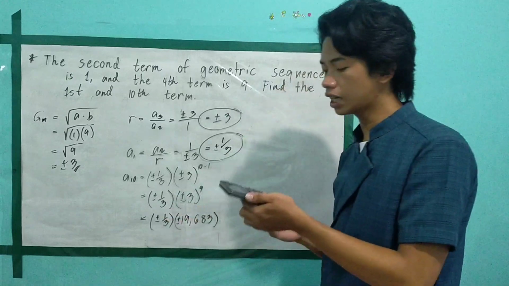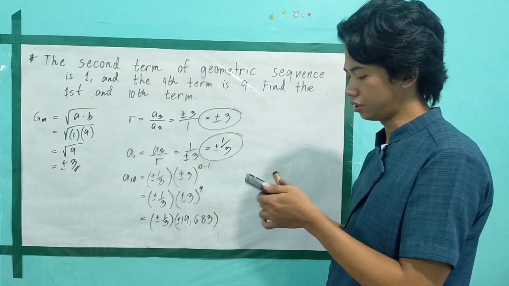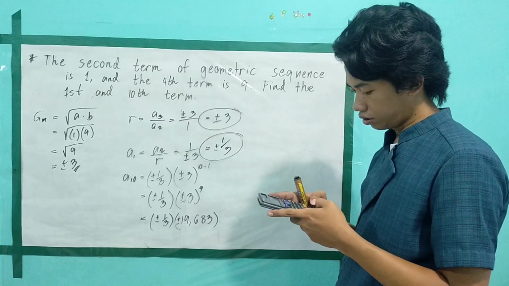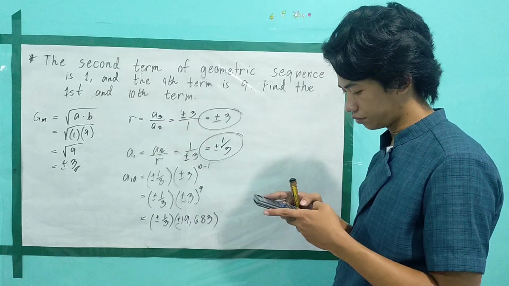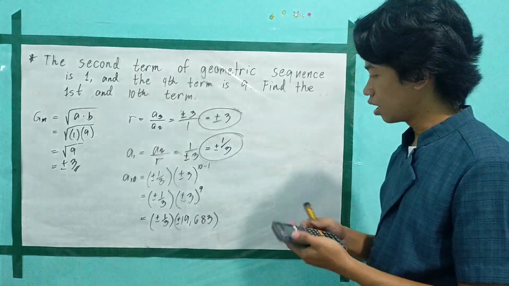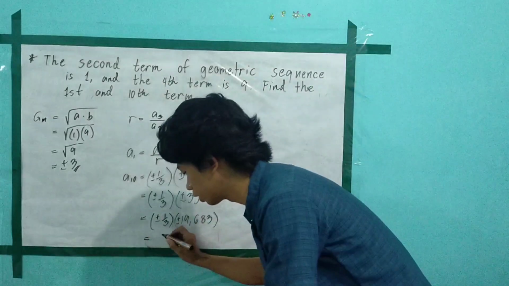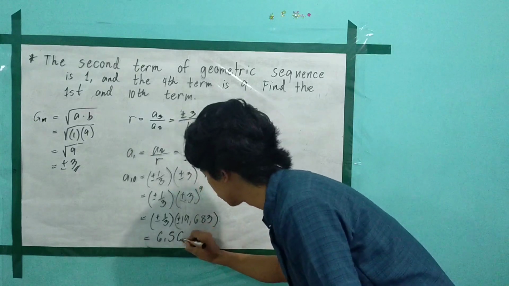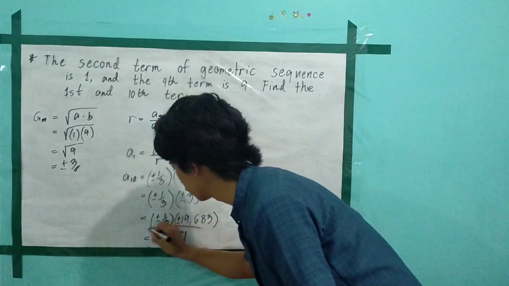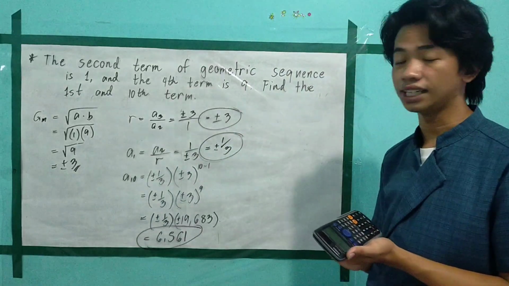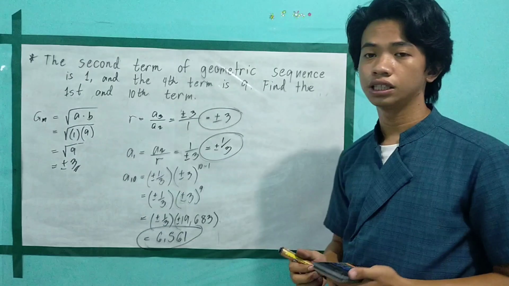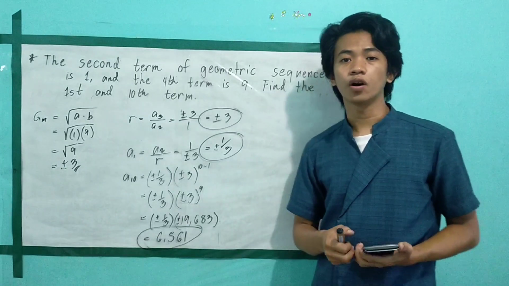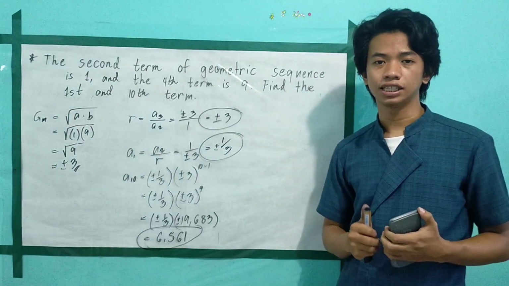And then, i-multiply natin siya sa 1/3. Positive and negative 1/3. Multiply by positive. Okay, so magiging sagot natin ay equal to 6,561. So, ayan yung A sub 10 natin, given these problems. So, once again, yun po yung geometric sequence.